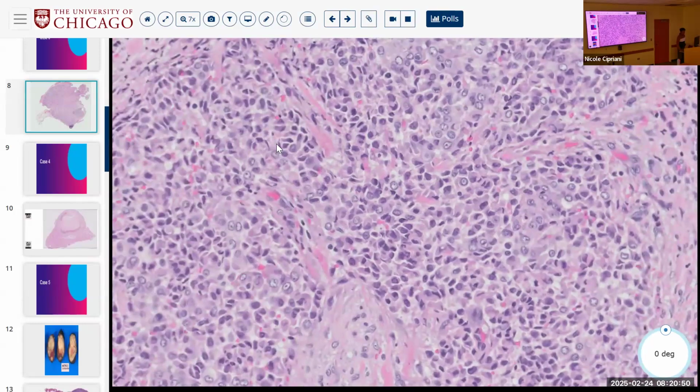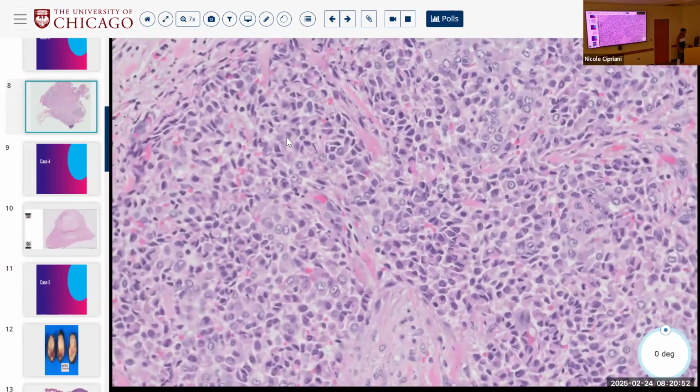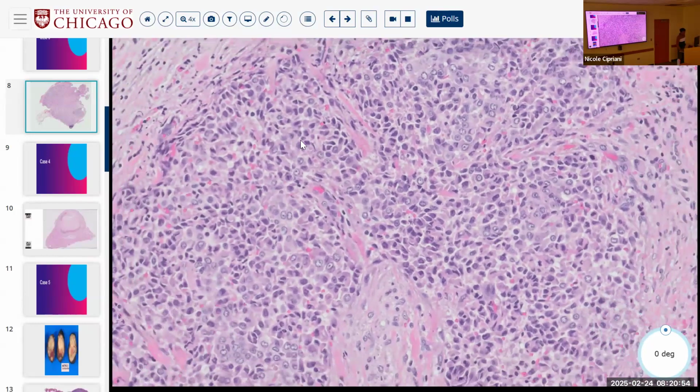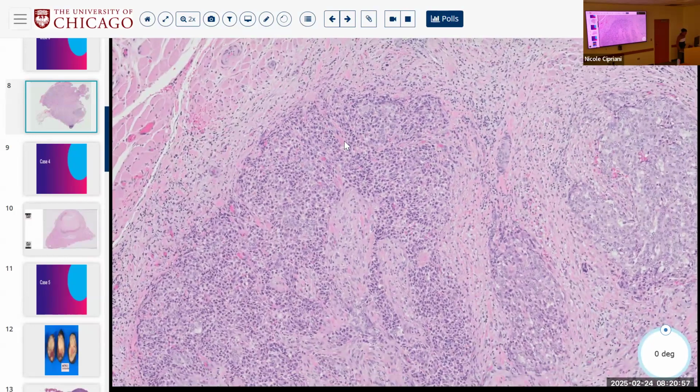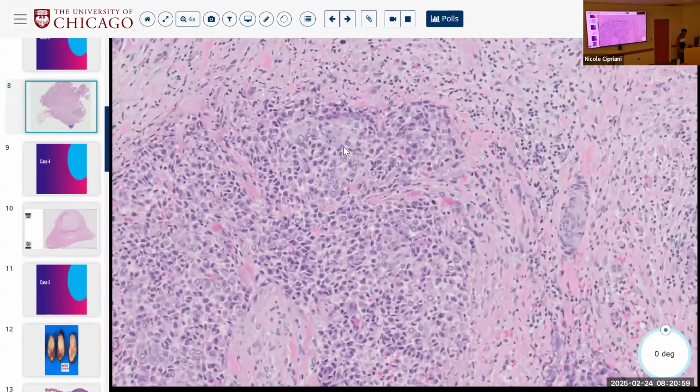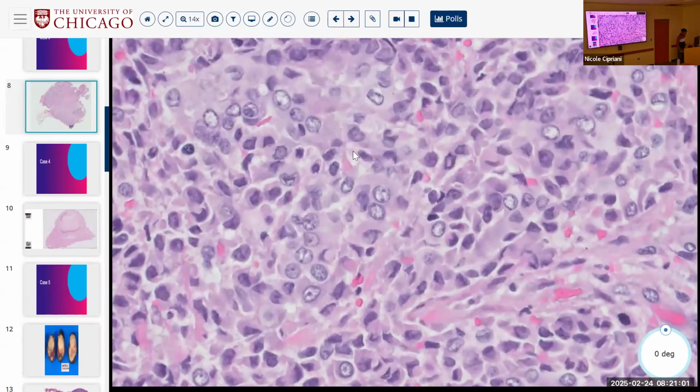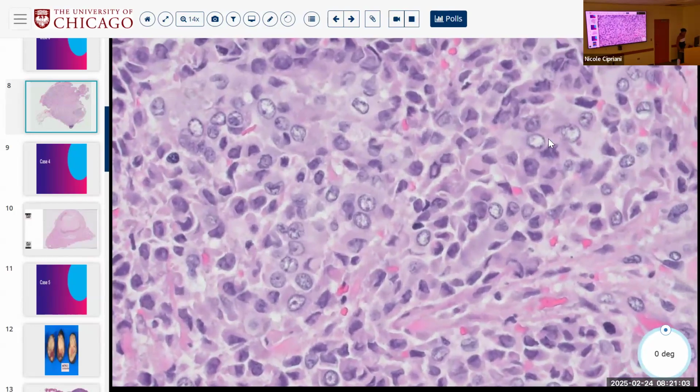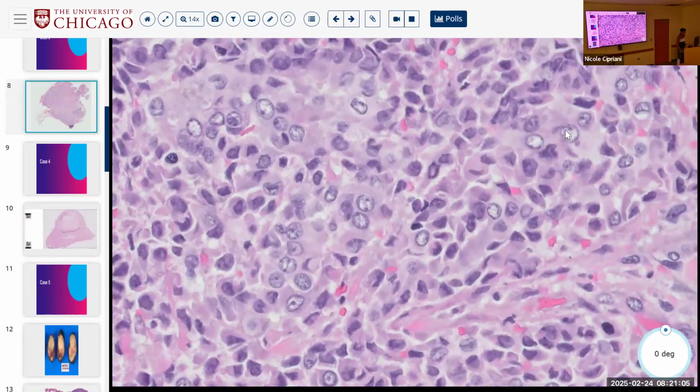I just keep double clicking. Or you can use the scroller to zoom in and out as well. This is cytologic clearing, yep.